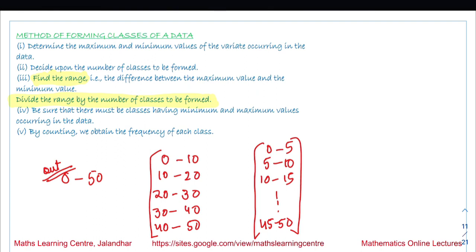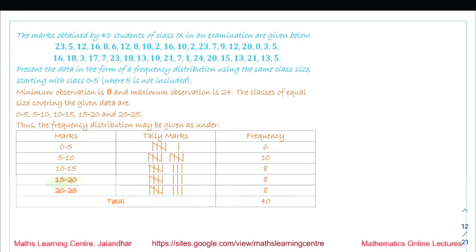In the question, the marks obtained by 40 students of class 9th in an examination are given. We have to present the data in the form of a frequency distribution using the same class size, starting with class 0 to 5, where 5 is not included.